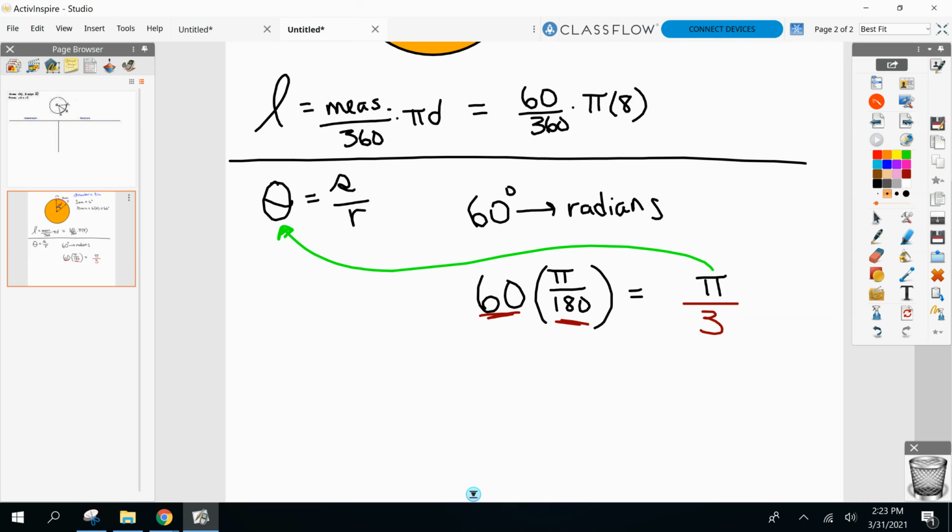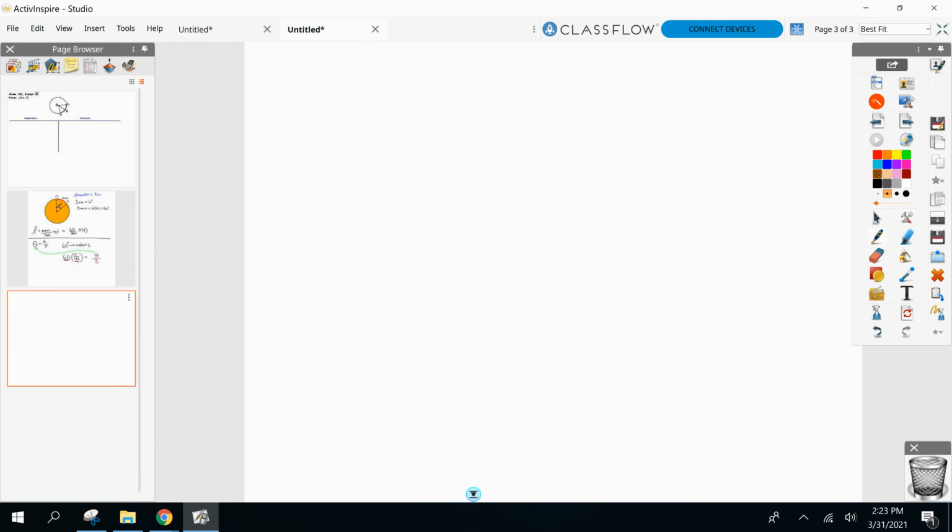If I want to go to degrees, let's say I have 3 pi over 4 radians. And for whatever reason tomorrow, you really needed it in degrees. Now, remember, I'm not going to ask you guys to convert anything for me tomorrow. If you're going to convert, it's for your own convenience because you remembered a certain formula.